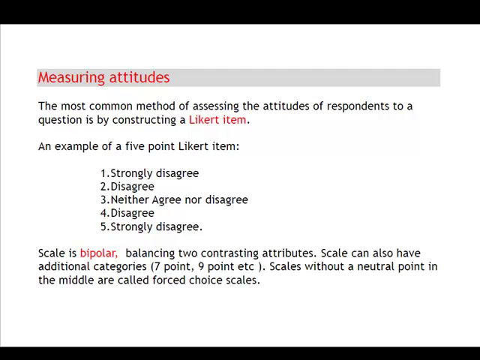You can have 7 points or 9 points, and it's also possible to remove the neutral point. Those are called forced choice items, where people are forced to choose between agree or disagree. There's no central point to allow people to cop out of making a choice.